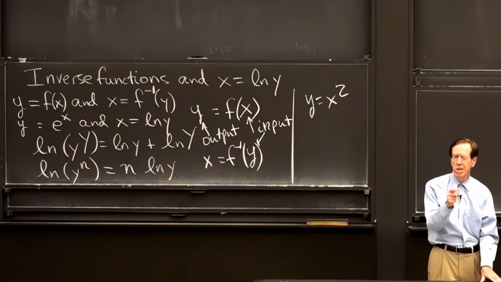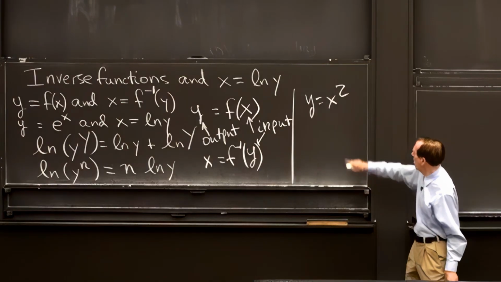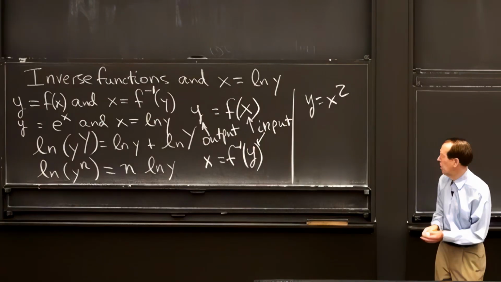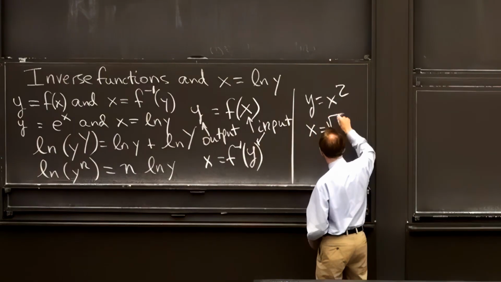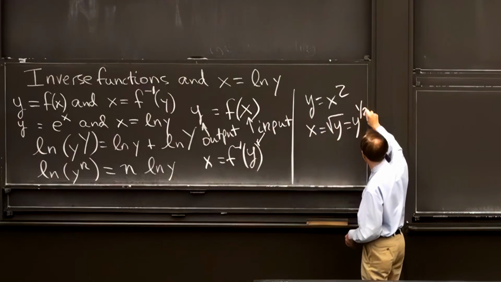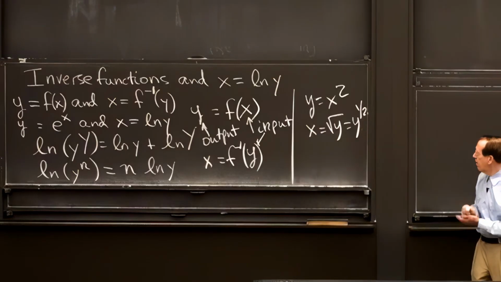Now, what's the inverse function? The inverse function, I want to find x from y. How do I do that? I take the square root. So the inverse function will be x is, do you like to write square root of y, or do you like to write y to the 1/2 power? Both good. That's the inverse function of the other.